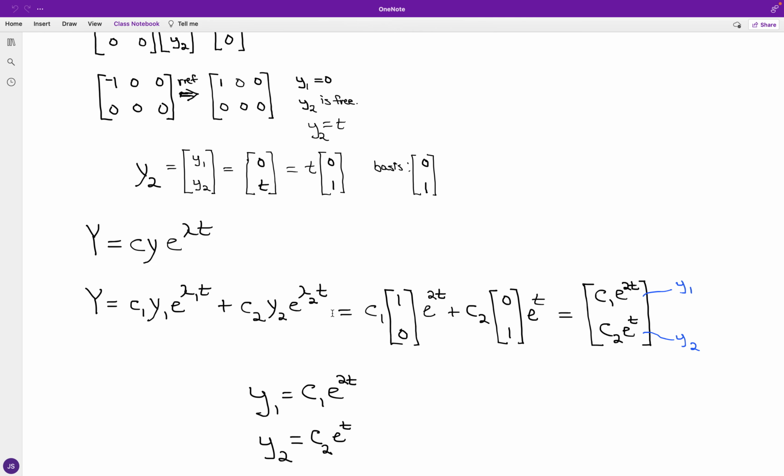Taking the basis of the first and second eigenvectors, you have c sub 1 times 1, 0, and e to the lambda sub 1, which is 2 times t, plus c sub 2 times the second eigenvector basis, 0 and 1, times e to the lambda sub 2, which is 1 times t.